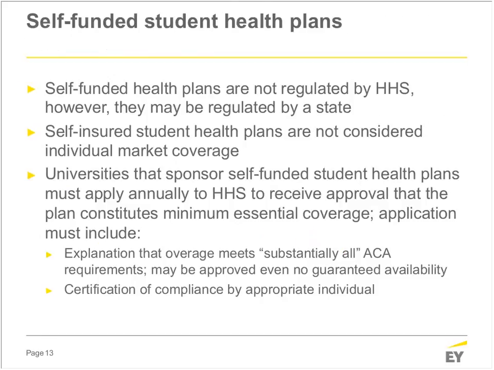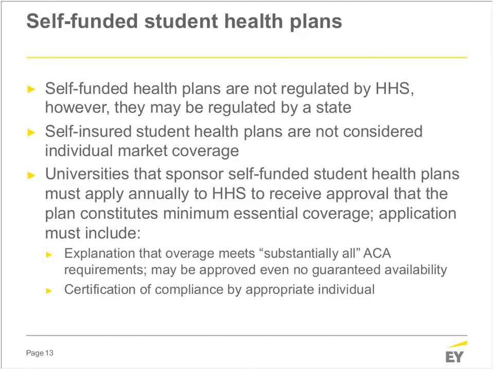When they issued that final rule, they also had a section on self-funded student health plans. Self-funded student health plans are really in a gray area. They were in a gray area before, and they continue to be in a very gray area of benefits law. What HHS said was that they are unable to regulate student health plans based on their authority.